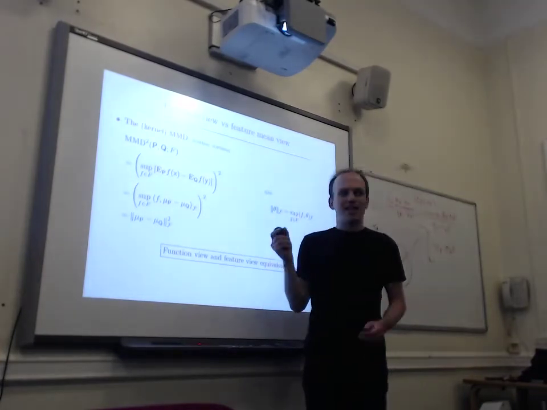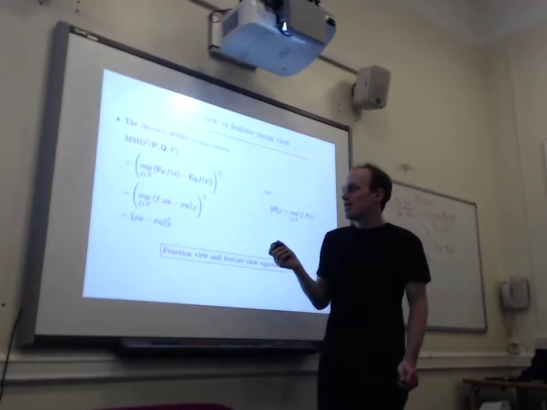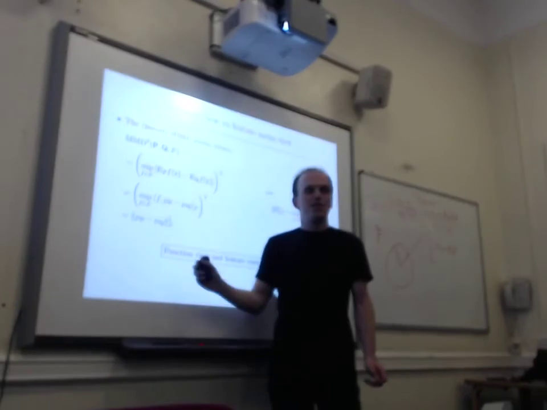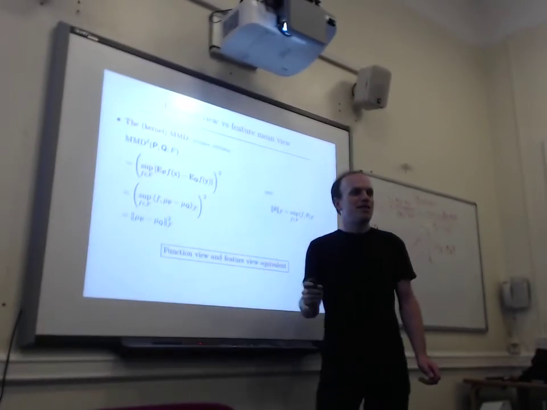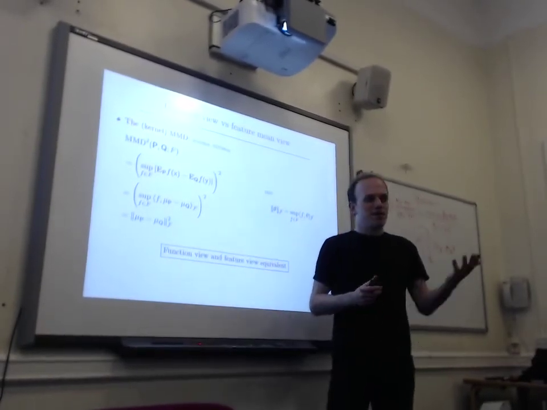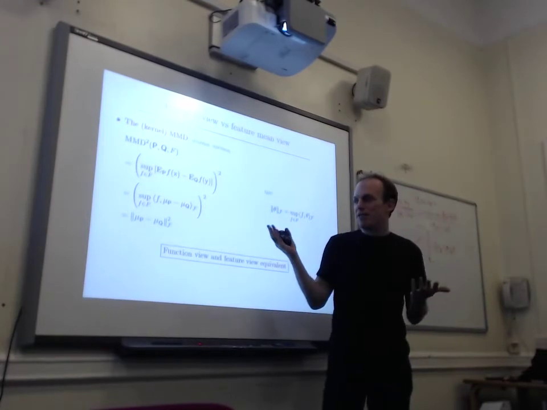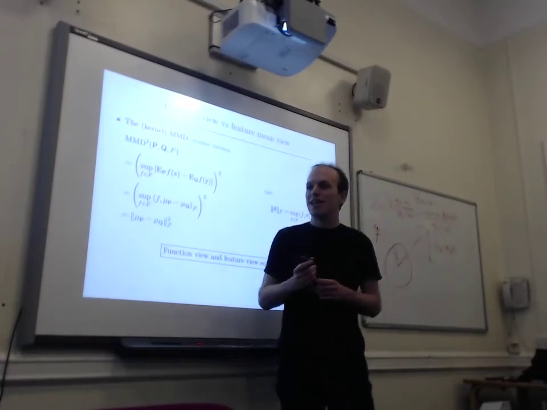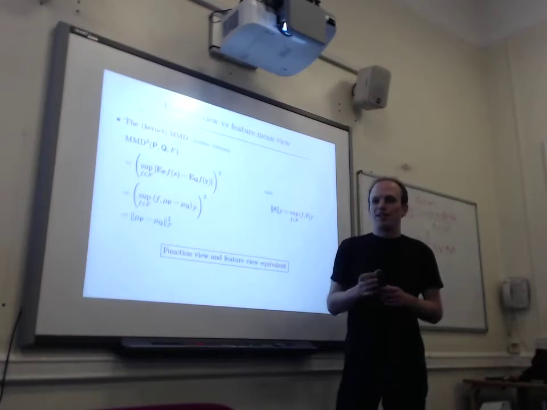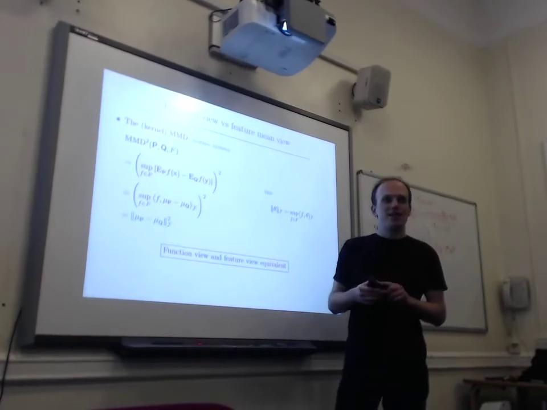So my next question would be, if someone gives me samples from P and Q, can I compute this distance in practice? Because I want to know if it's big, if it's small. It turns out that, in fact, it is quite easy to compute.